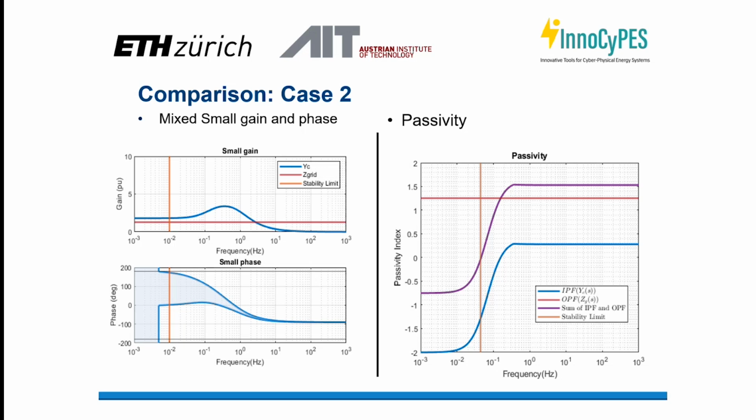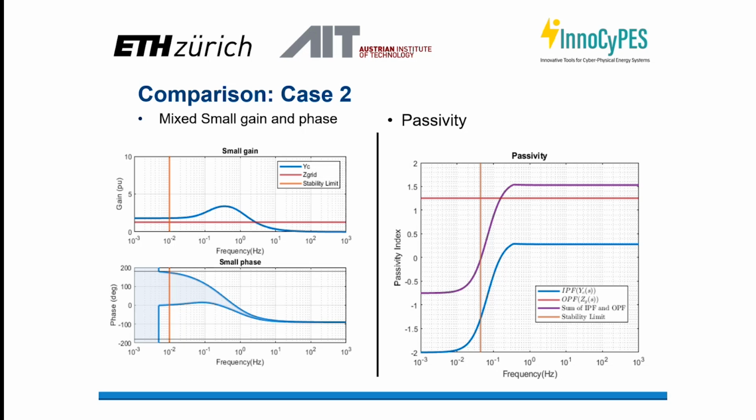But here you see something interesting, and that is that we cannot calculate the phase for the low ranges. What's happening here is that the numerical range encloses 0. And when it encloses 0, we cannot calculate it, and then we cannot use the small phase theorem there.